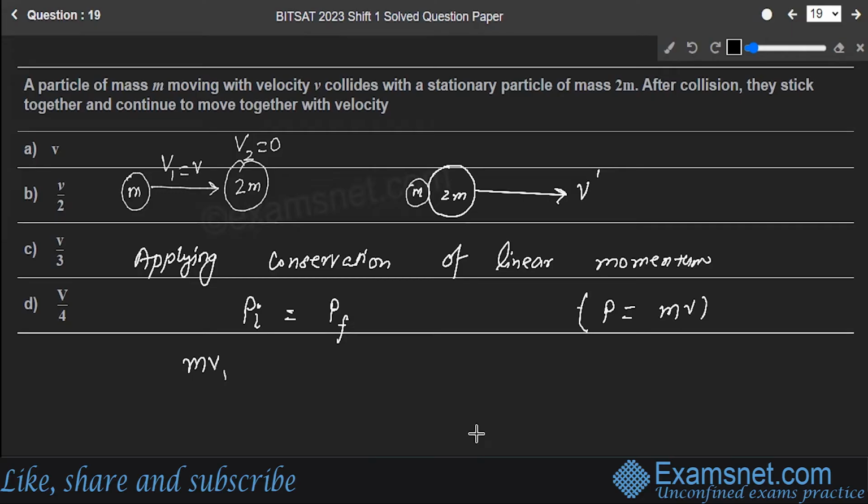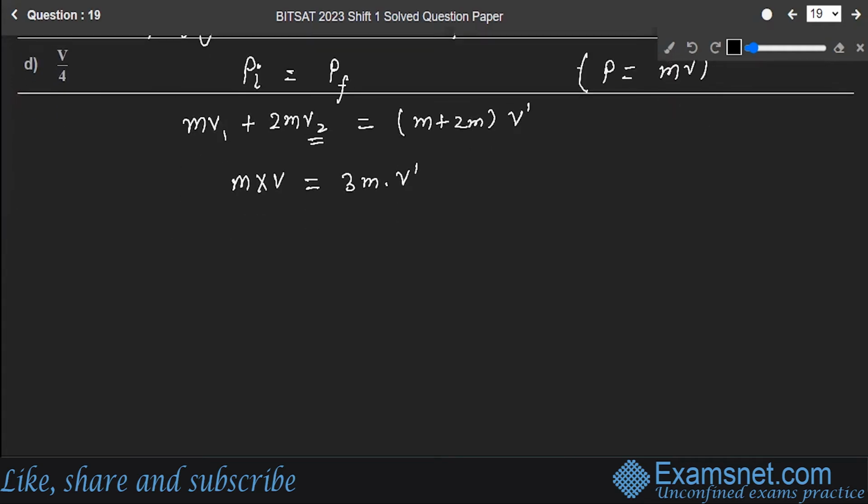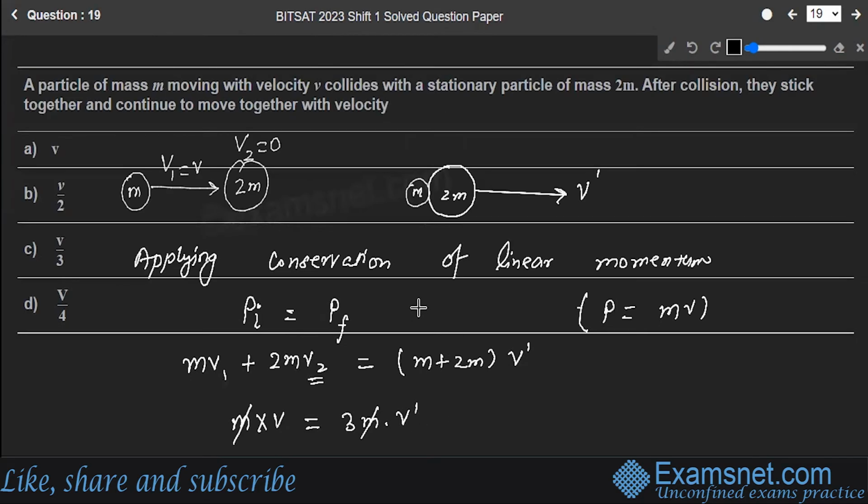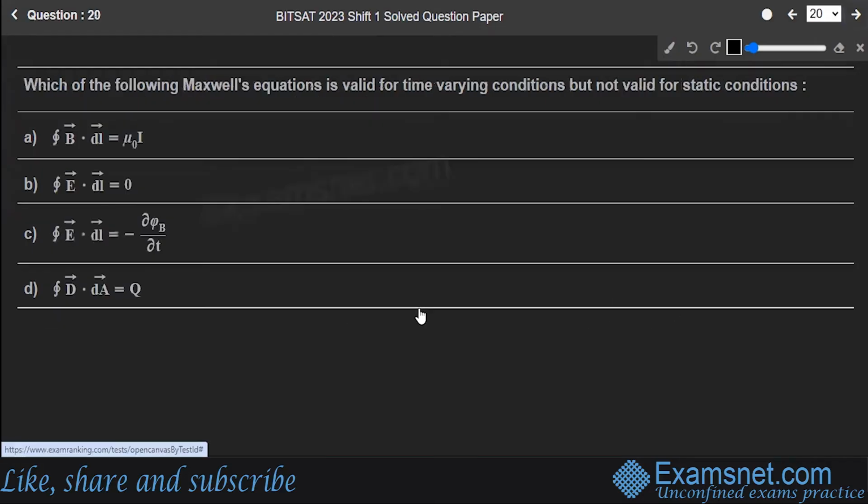So you have m into v1 plus 2m into v2 is equal to m plus 2m into v dash. v2 is equal to 0, so you have m into v is equal to 3m into v dash. The m and m will cancel. V dash is equal to V by 3, right? So let's check with the options. V dash is equal to V by 3. This is option C. So this is the right answer to the question. Hope you got that. Let's move to the next question.